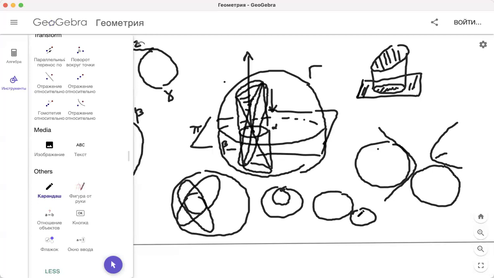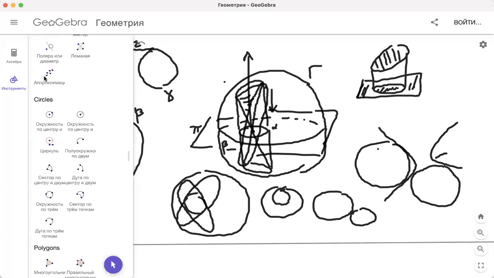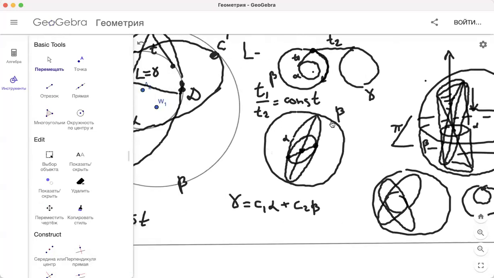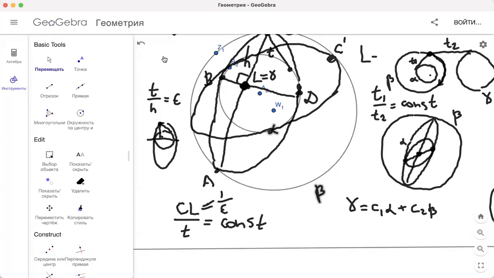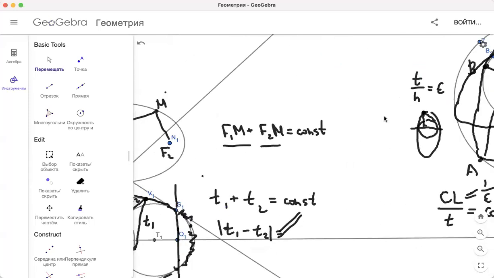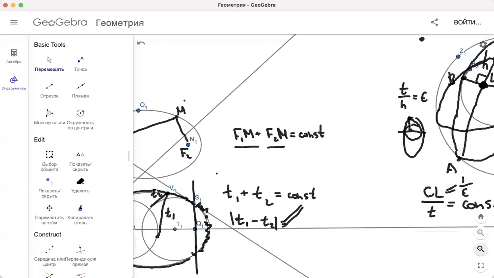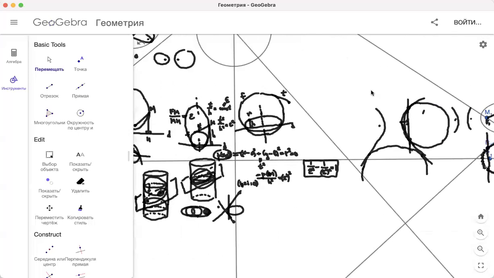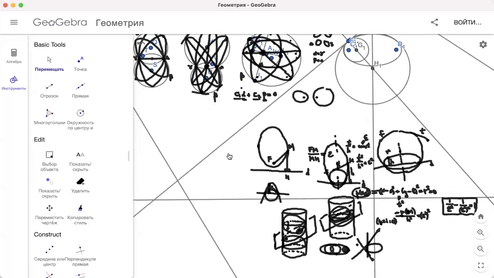And finally, it will be interesting to find some other examples. Unfortunately, I have no time to prove the second example, the family of similar ellipses. This family, yes.